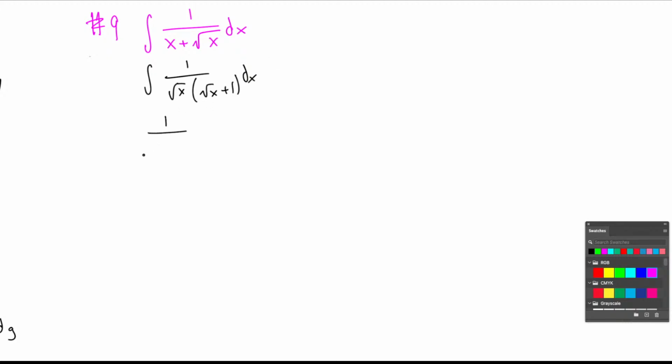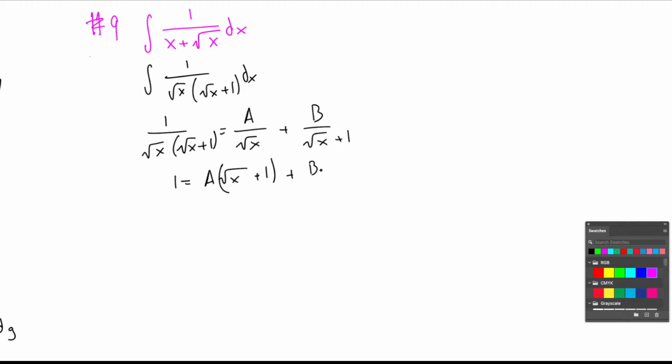So we get 1 over square root of x times root x plus 1. I don't even know if you can do partial fractions with this. I doubt it, but yeah, so we get 1 equals a root x plus a plus b root x.